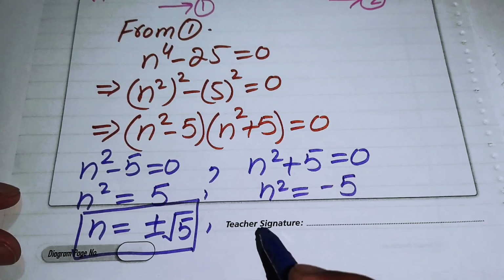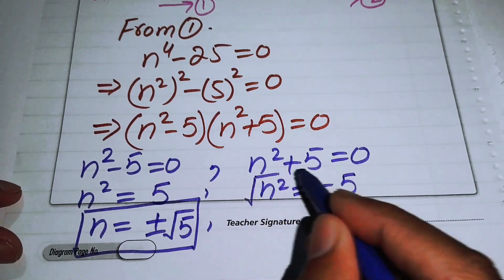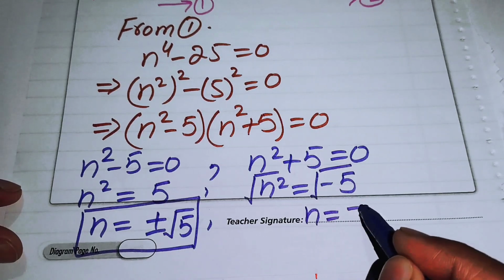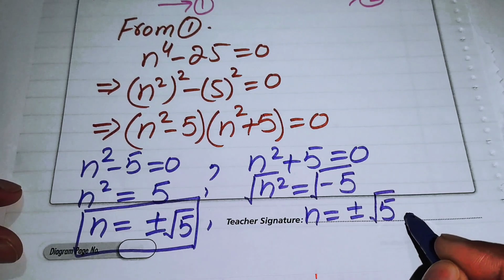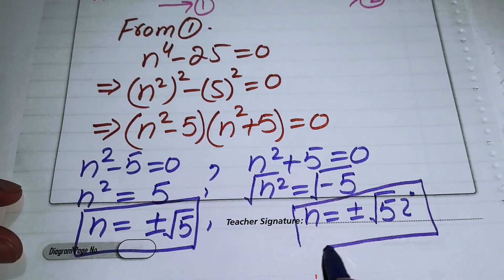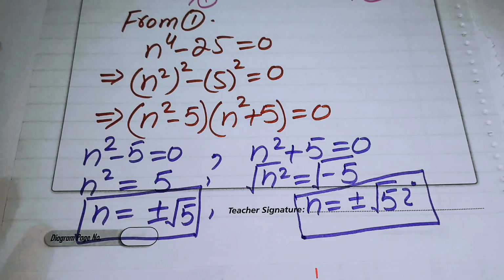When we take the square root on both sides, we get n equals plus minus square root of 5 times iota. So these are the other two complex roots of the given equation.